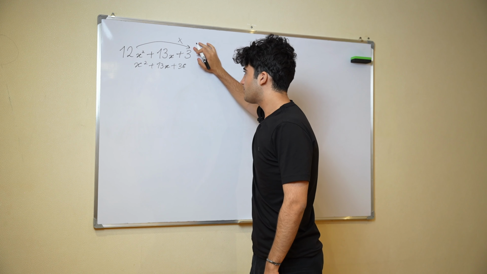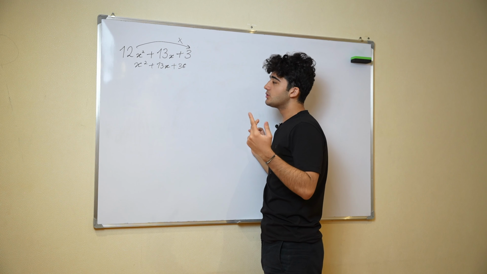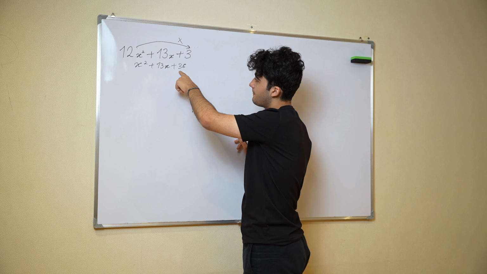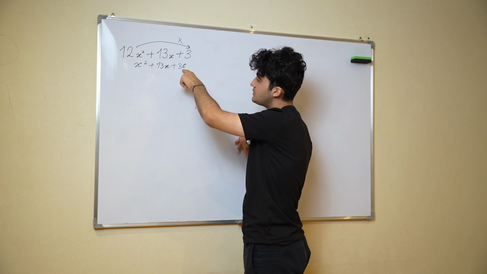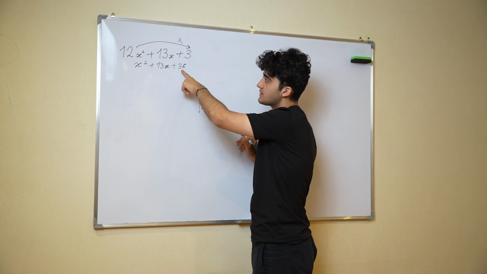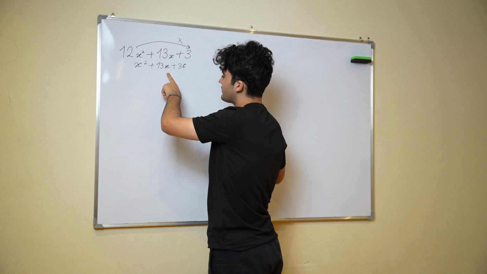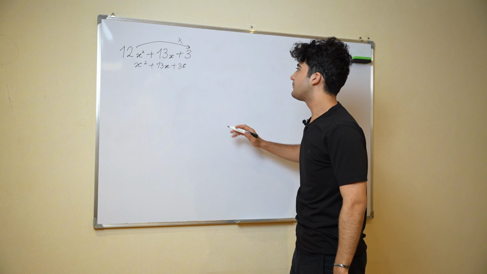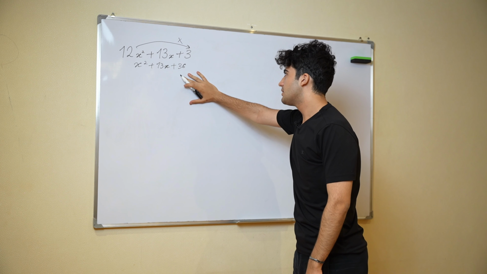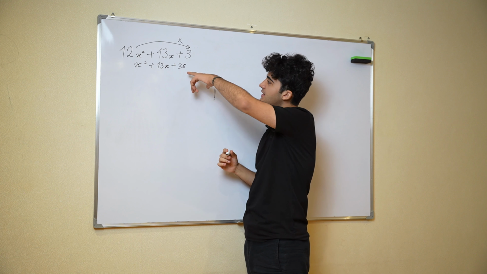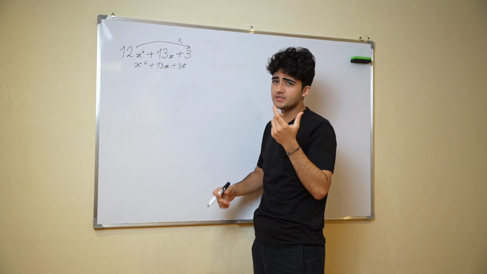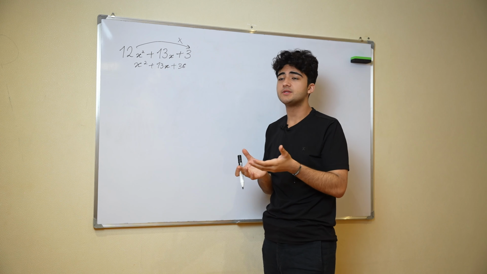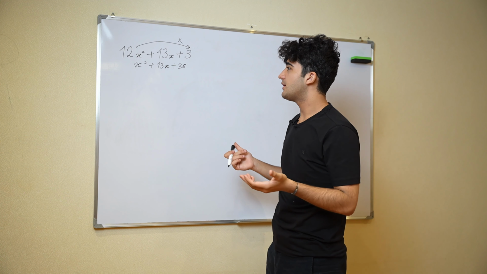By Viet's theorem, we have to find the two solutions for this quadratic equation such that the product of these two numbers is going to be 36, and the sum of these two numbers is going to be minus 13, okay? So from factors of 36, we have 12 and 3, so the sum of these makes 15.